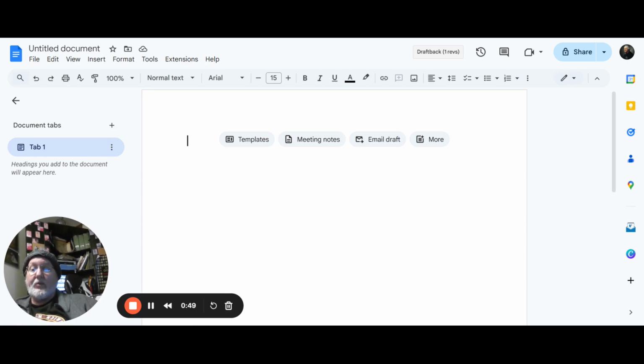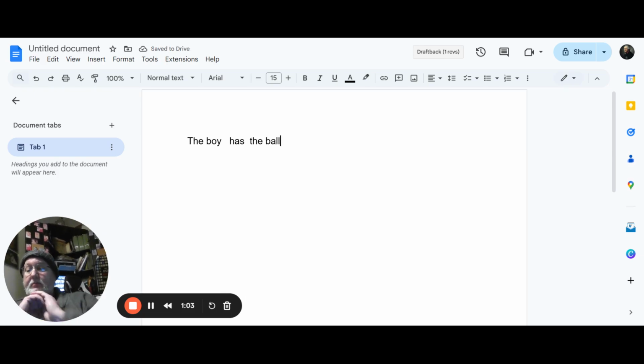Okay, we're going to start right here and say, the boy has the ball. Now when we're talking about the different parts of a sentence here, we've got two nouns. A noun is a person, a place, a thing, or an idea.